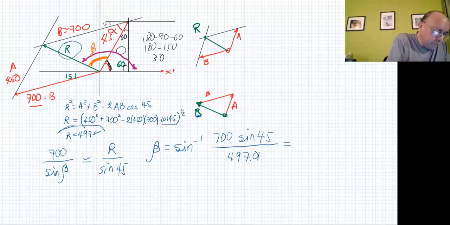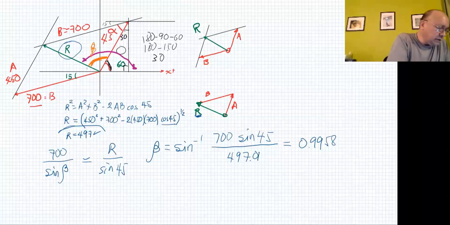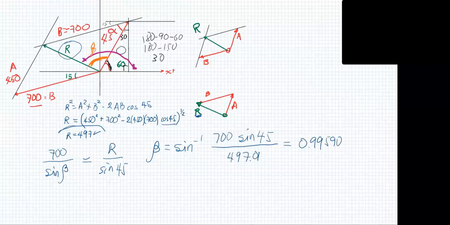This is 0.99587. Well, 84.8 degrees. Actually, this is sine beta.